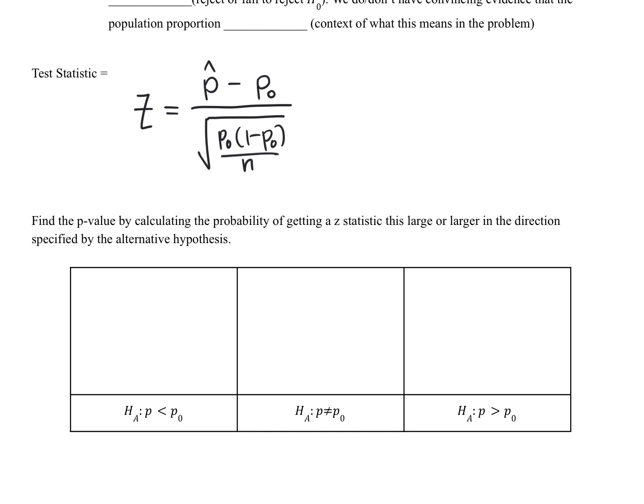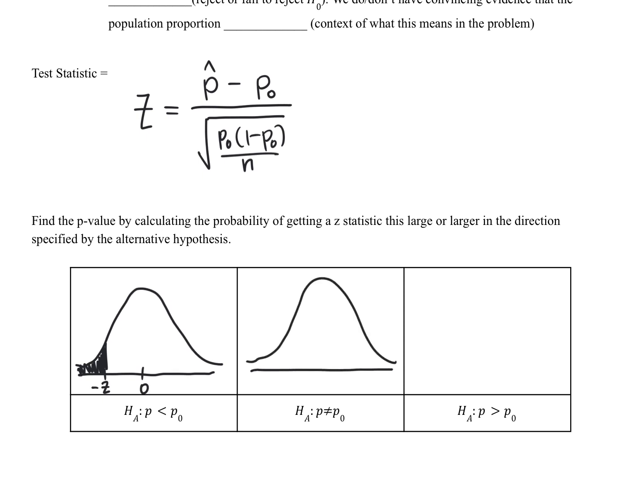So if your alternative hypothesis is that p is less than p naught, you have your normal curve. Your mean is now going to be 0 because we've normalized it. Your z-score is going to be negative because it's below the mean, and our area is the area below. If your alternative hypothesis is not equal, the mean is still 0, but our z-score could be positive or negative.